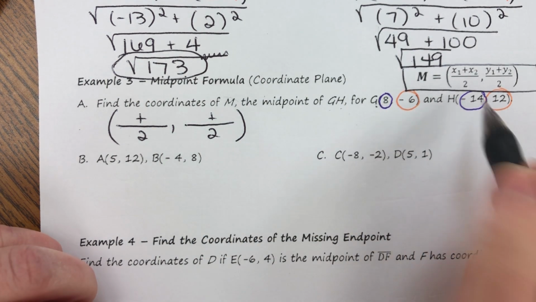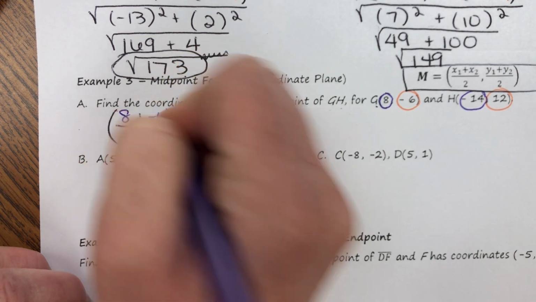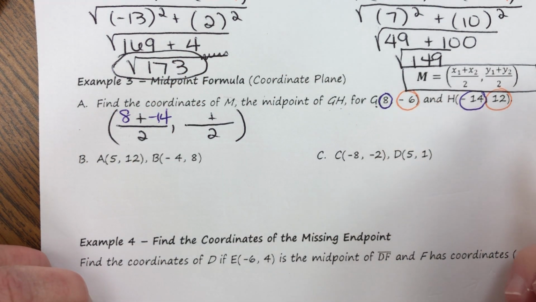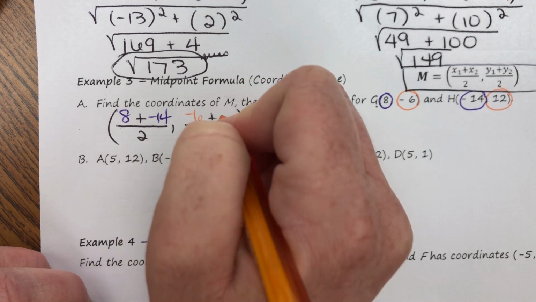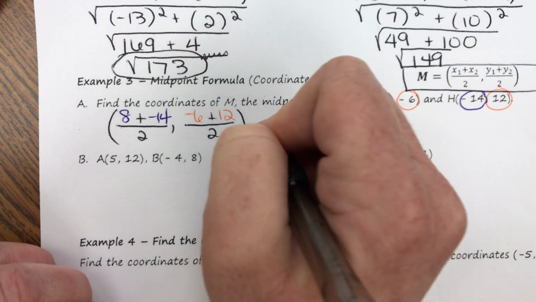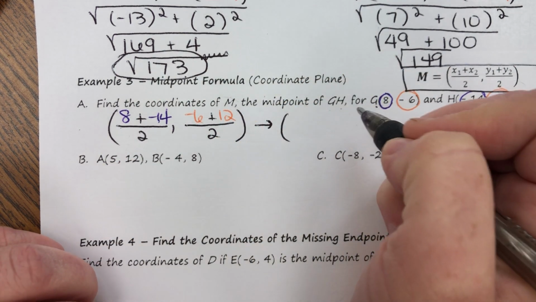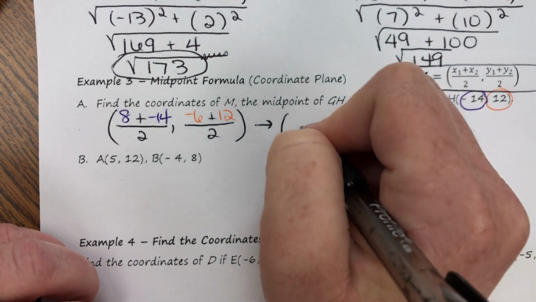So if I add my X's together, I have 8 and -14. And if I add my Y's together, I have -6 and +12. Okay, so then I just start simplifying. 8 plus negative 14 is actually 8 minus 14, which is negative 6.